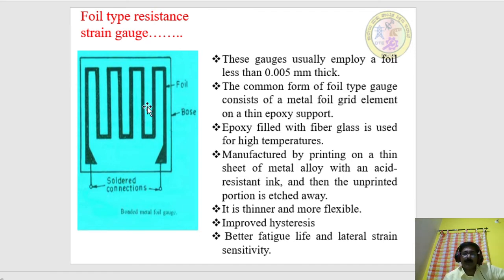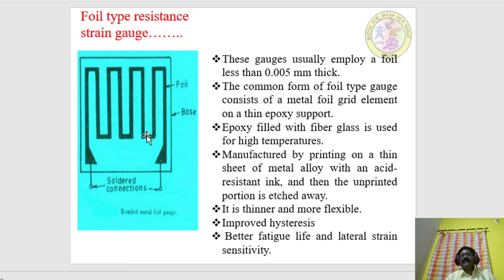Generally an epoxy filled with fiber glass is used for higher temperature, and impregnated paper for room temperature. Foil type resistance strain gauges are manufactured by printing on a thin sheet of metal alloy with an acid resistant ink, and then the unprinted portion is etched away.